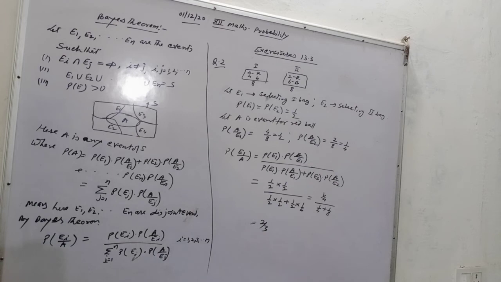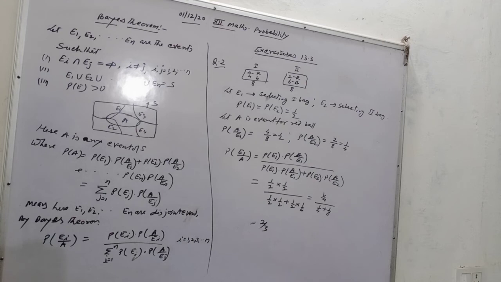So you can take event A for a red color ball, and the red ball may be from the first or from the second bag. P(A/E1) means the first bag is selected and a red color ball is drawn from it. There are 4 red balls and the total is 8, so 4 by 8, that is 1 by 2.